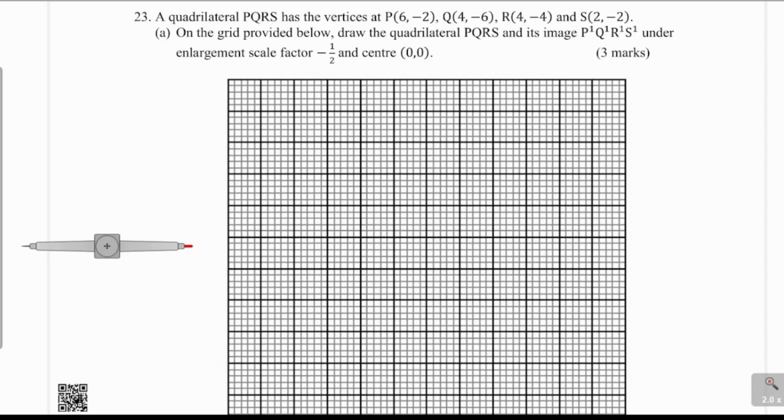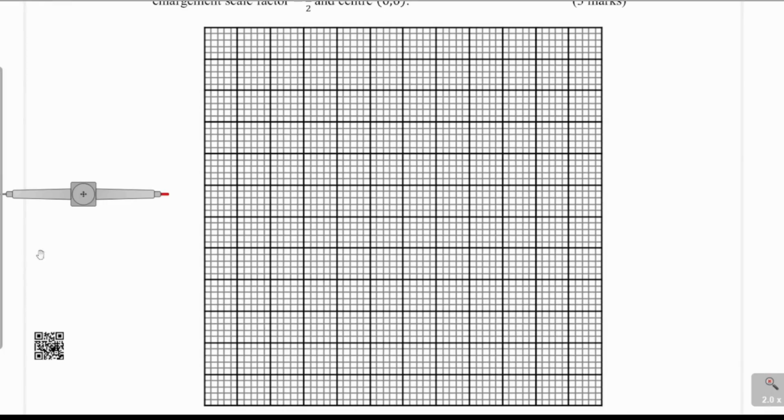So the first thing you're going to do is to plot that PQRS. So we plot that very first. PQRS, you start with P. So I'll draw the X and the Y axis. So there you go, this is the X axis and this is the Y axis. So this is 0.